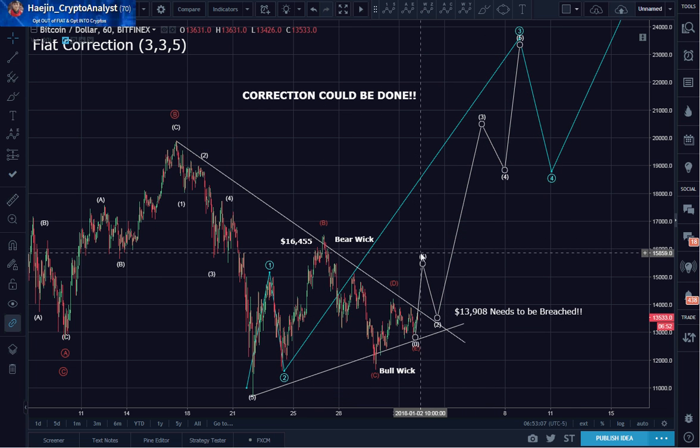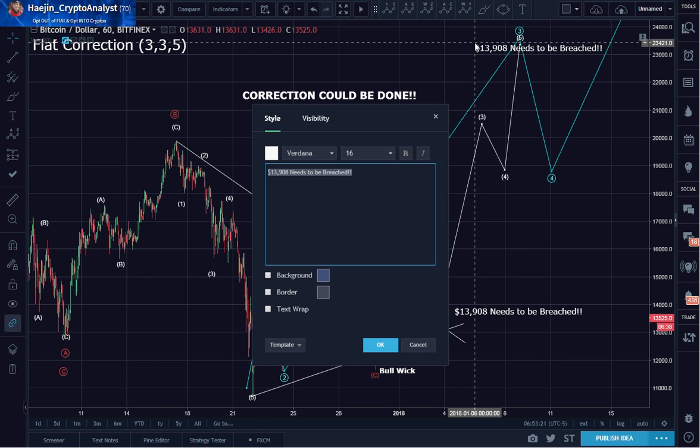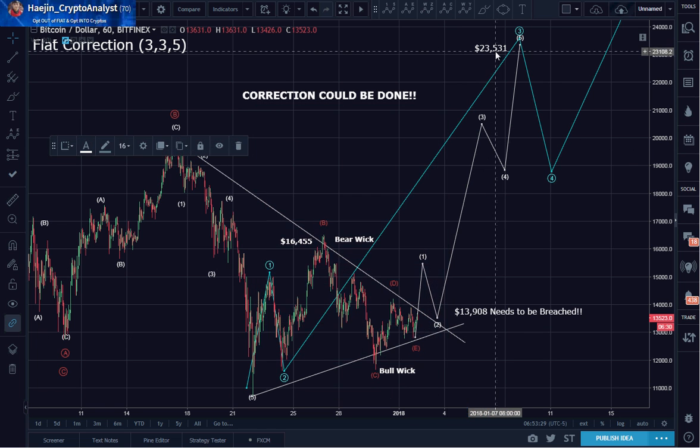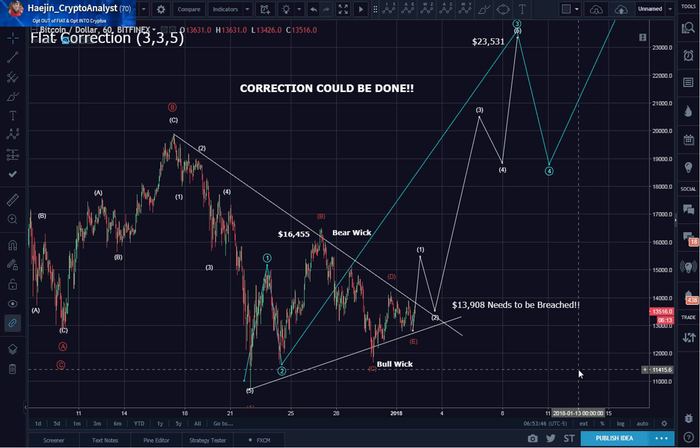And once that's breached, we'll probably get an explosion down and onwards to 23,531. So the impulse will take us to 23.5. And I think that'll be beautiful. Okay. Let's see what happens for the price pattern during the day.